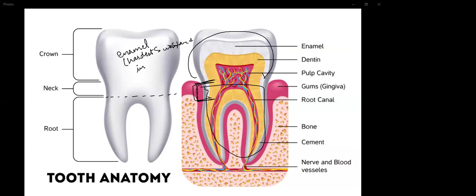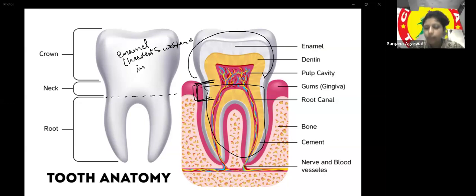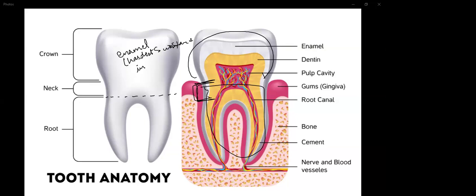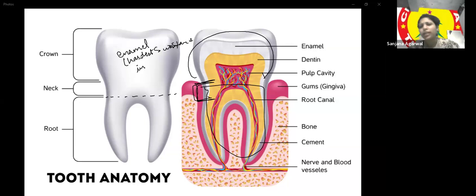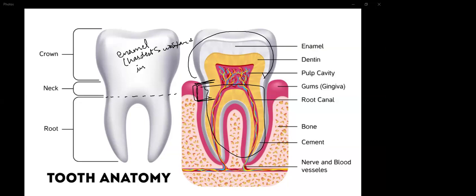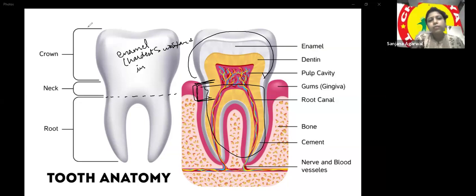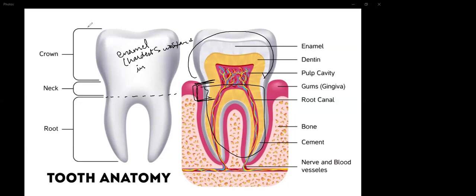Also whatever ice creams, when we take cold items or ice cream, or even ice cubes, some people like the sensation of coldness. That doesn't damage the teeth, but our teeth feel pain when we eat very cold ice cream.